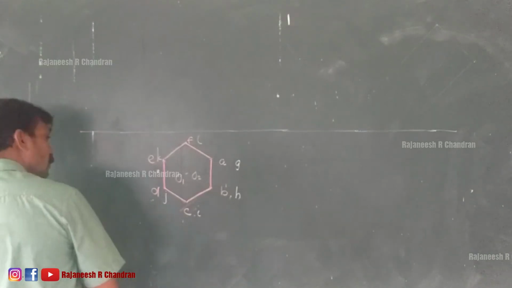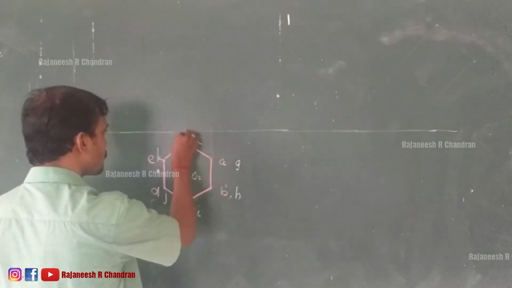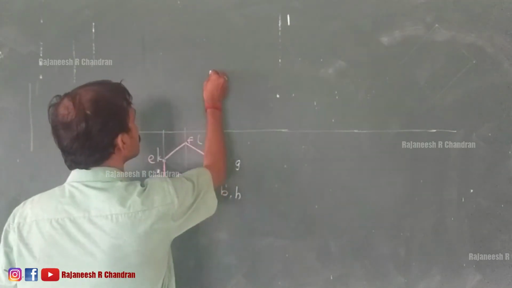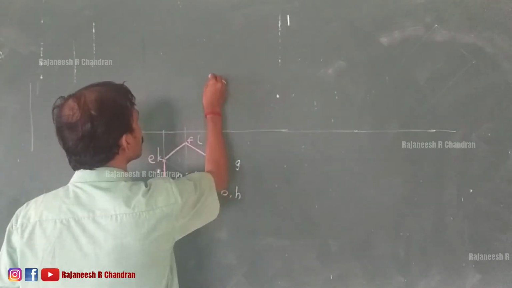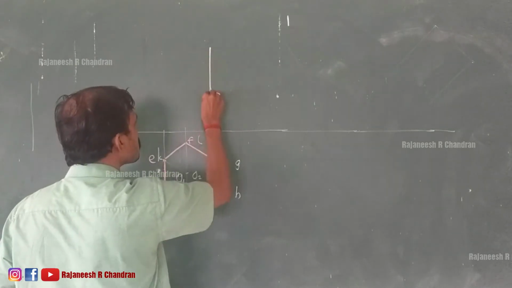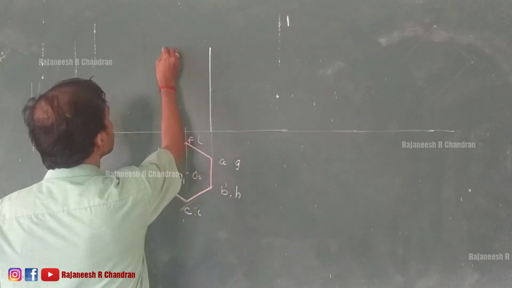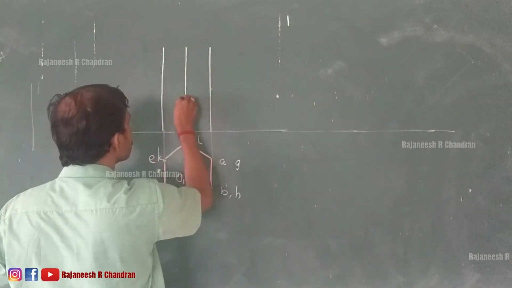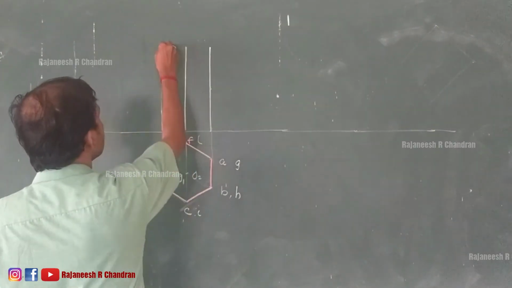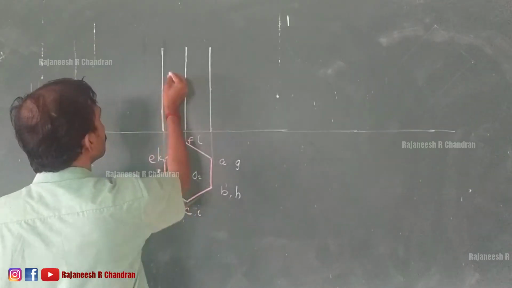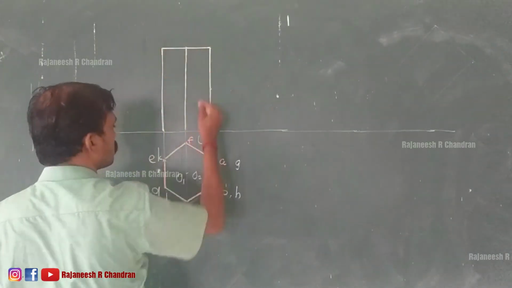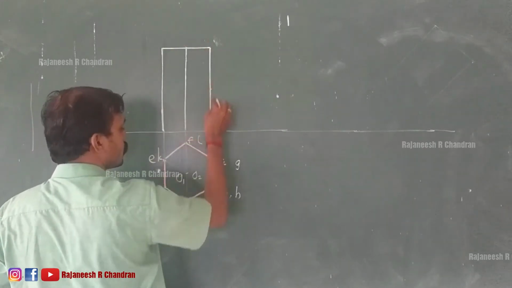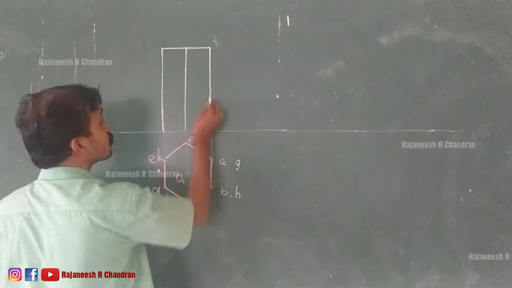Now we can project the height of 60. The top face belongs to ABCDEF, so this will be B dash, A dash.